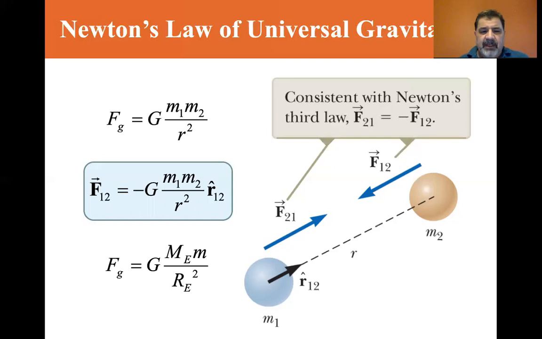And you can do that. F of g equals G times the mass of the Earth times some m, you choose an m, over the radius of the Earth squared. Well, I did that. I used a 1 kilogram mass. Well, what is 1 kilogram times 9.8 meters per second squared? It is equal to 9.8 newtons.